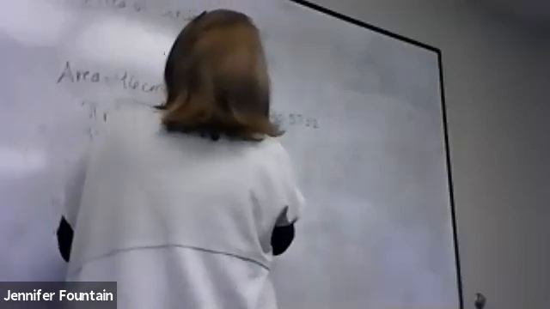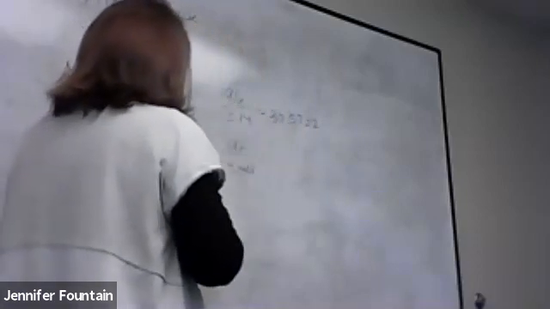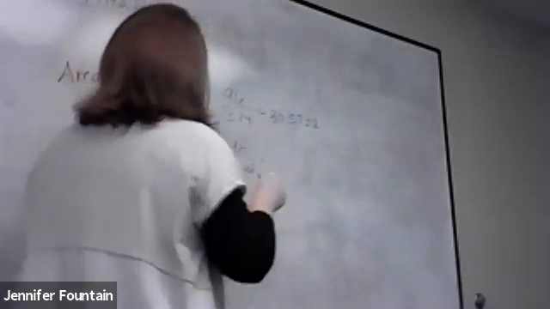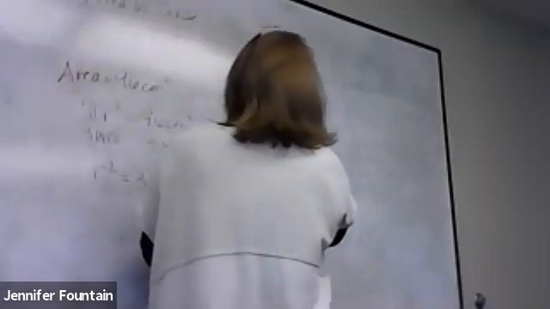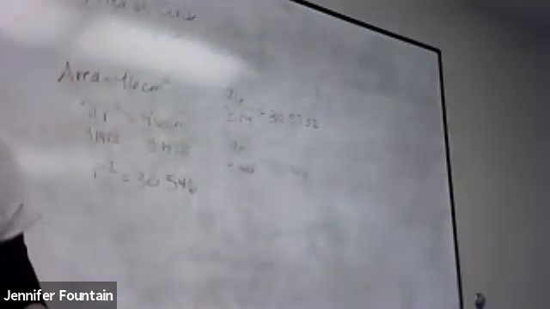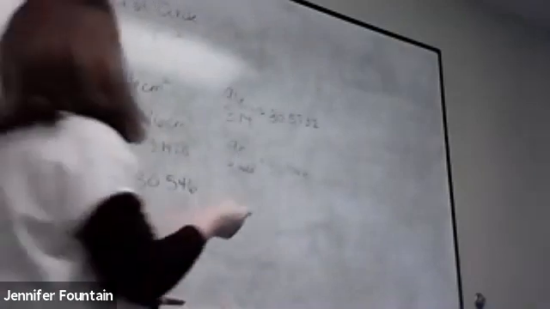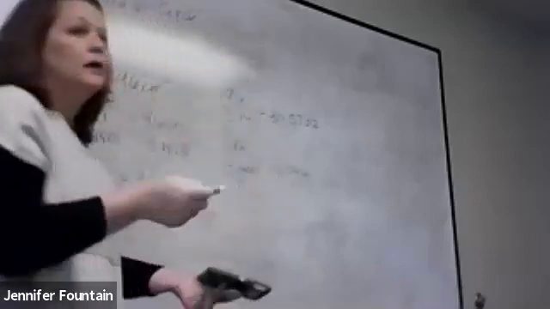And 96 divided by 3.1428 is 30.546. So neither of them are getting the 30.56 that the book has given us. So just know that if you use 3.14, I will do calculations according to that as well. As long as you're using one of these values for pi, I will have the corresponding answers to go along with whichever one. The book is not very consistent on what they're using.